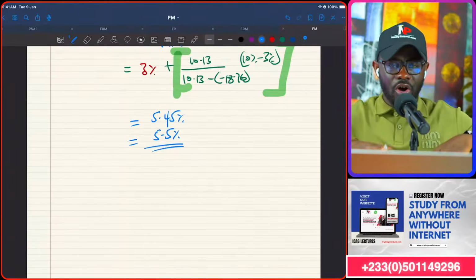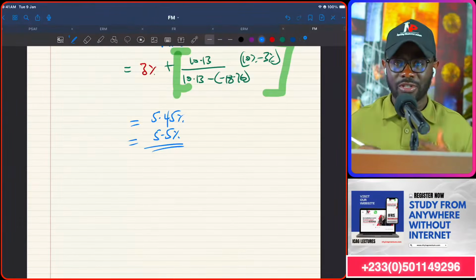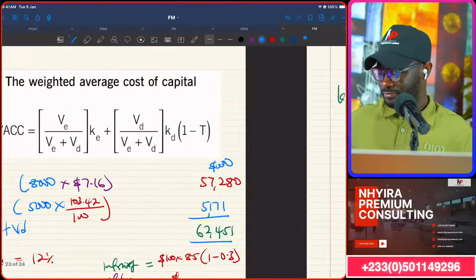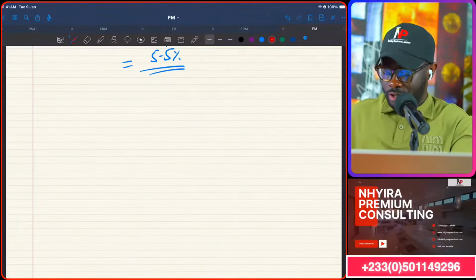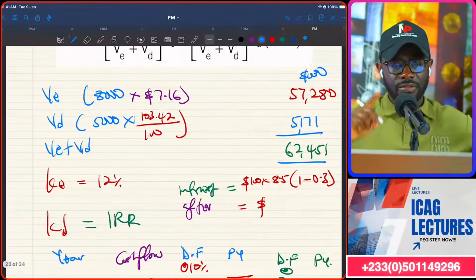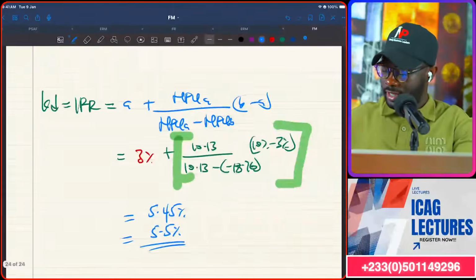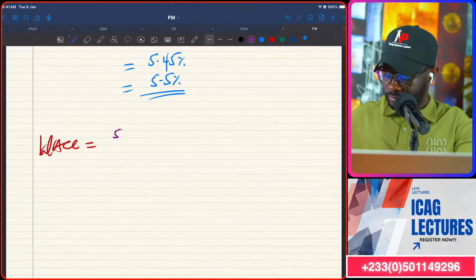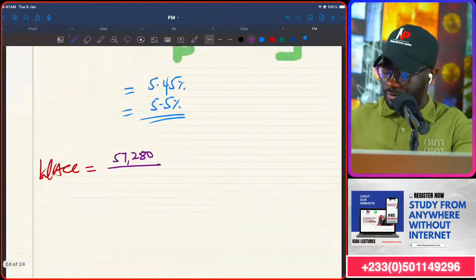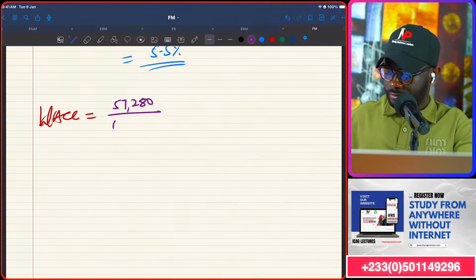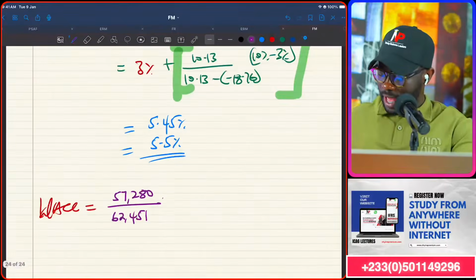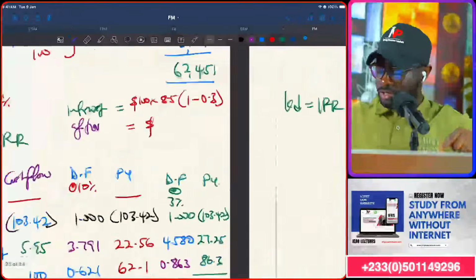So now that we have all our indicators, let's substitute them into the WACC formula and go ahead with our workflow. Weighted average cost of capital is going to be VE, which is 57,280, divided by VE plus VD, which is 62,451, multiplied by KE, which we were given in the question to be 12%.